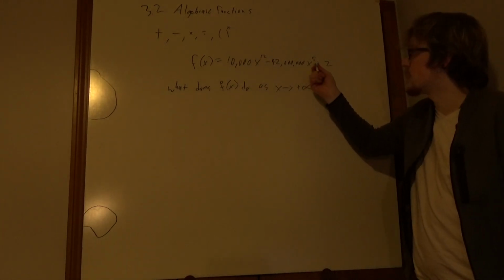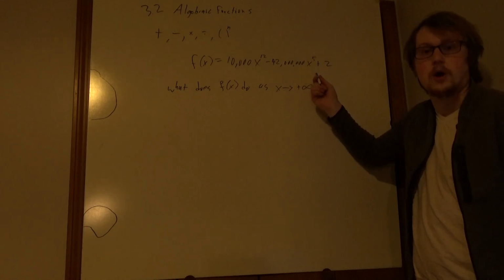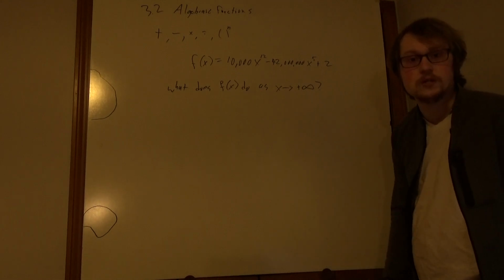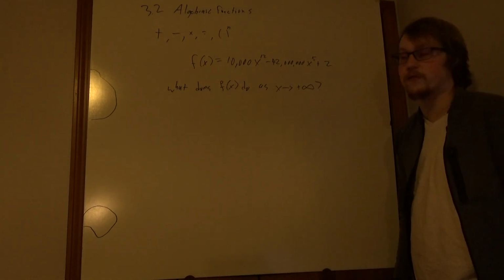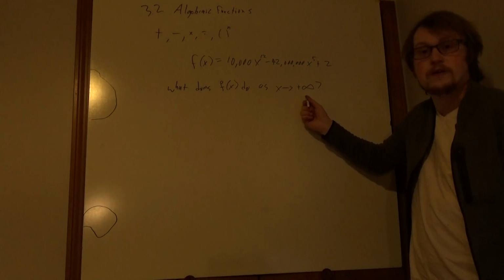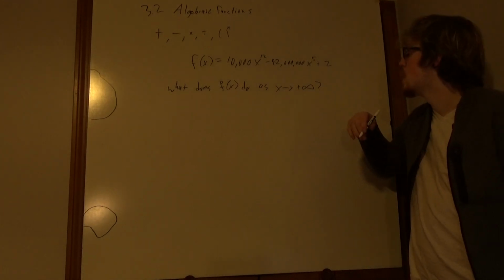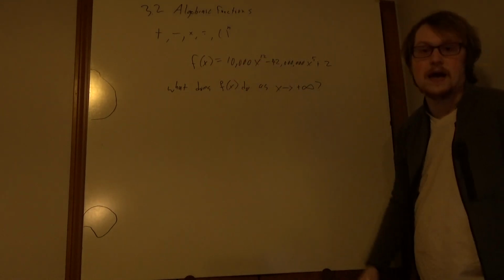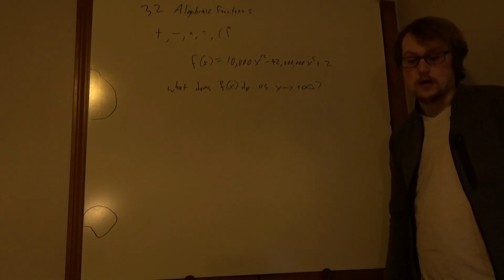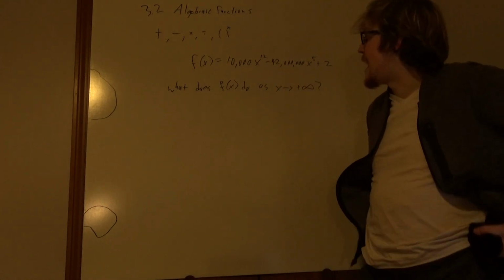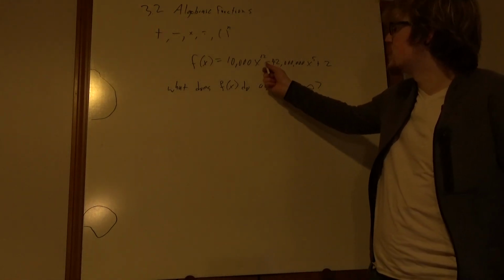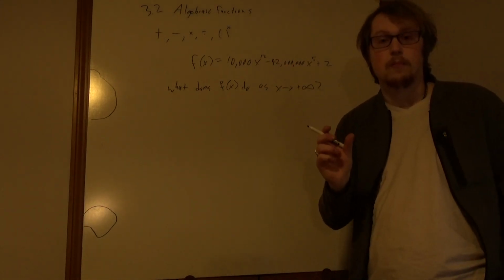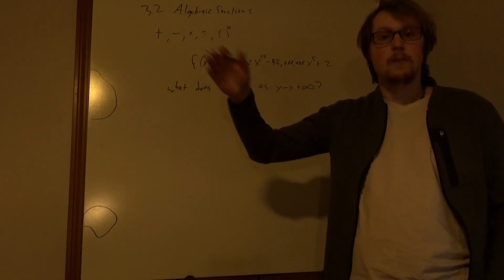So even though we have an x to the 5th, which is in its own right a fairly large exponent, and it has a ridiculously large coefficient, when we zoom out far enough, which infinity is definitely going to encompass, none of that matters, and the only thing that matters is what 10,000 x to the 12 does. Well, I don't know exactly what that does, but I know that this is an even exponent, and so it's going to take a positive number and make it something bigger, but still positive.